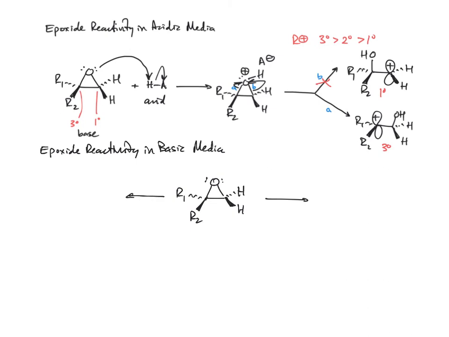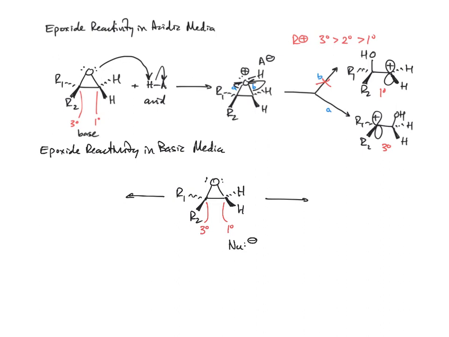And as we saw before when we evaluated those carbons of the epoxide, we said this would be viewed as a primary alcohol, this would be viewed as a tertiary alcohol. So if we're treating under basic conditions, say we have a nucleophile, so I'm going to say Nu, lone pair, minus, some nucleophile. So now this is under the SN2 regime, whereas above you could think about it more as SN1.